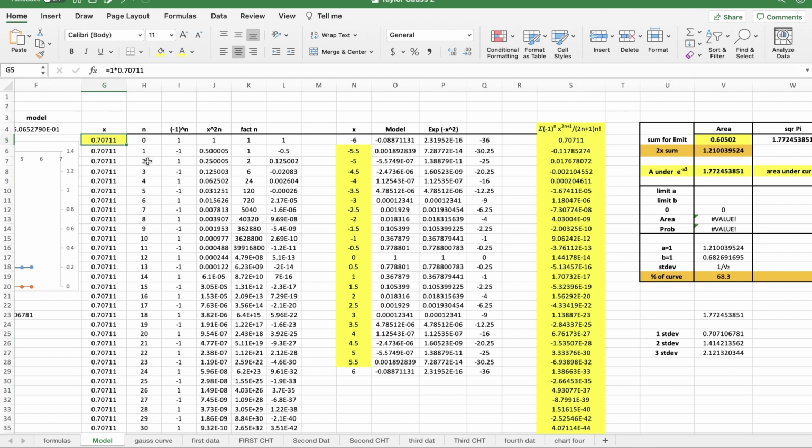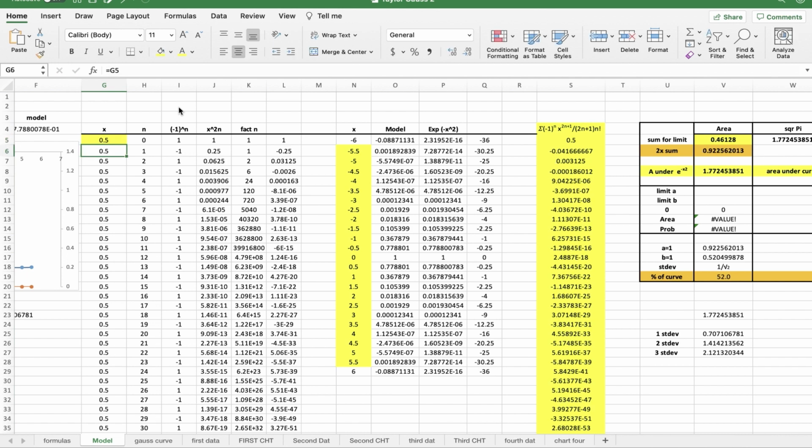So if we want the probability between two points, let's say 0.5, okay, that gives us 0.46. Okay, so that's the value there, 0.46128. That's how many degrees of precision.